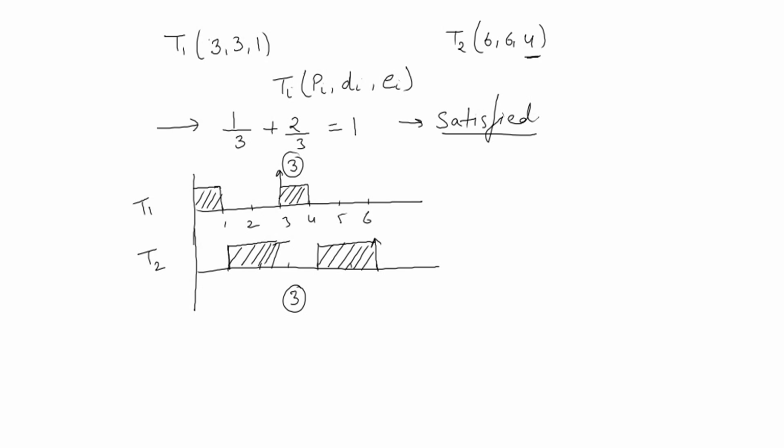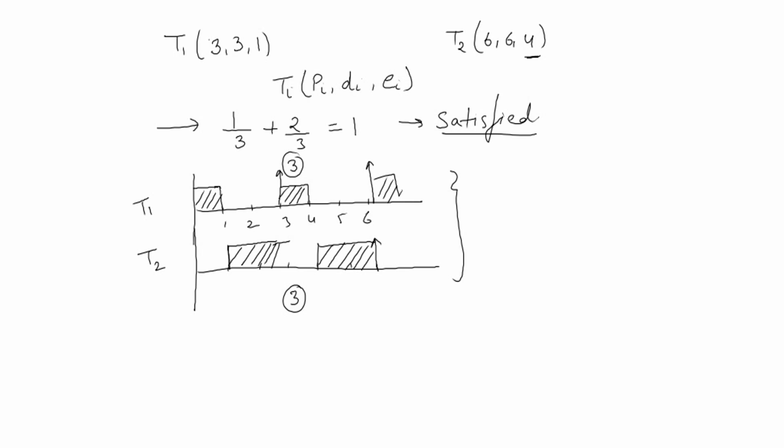We can execute, because it has 4, so 4 are done. Now this is also executed, and again T1 came, so you can execute this one. The same way this can be executed, right? So this is all about earliest deadline first.